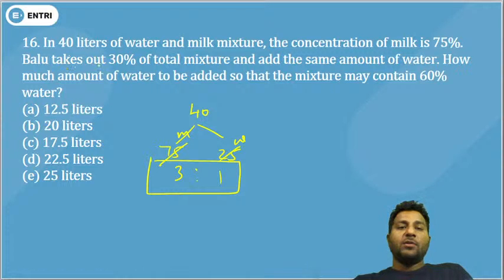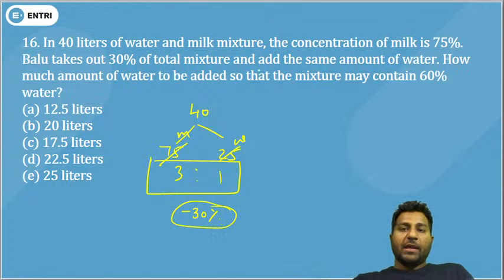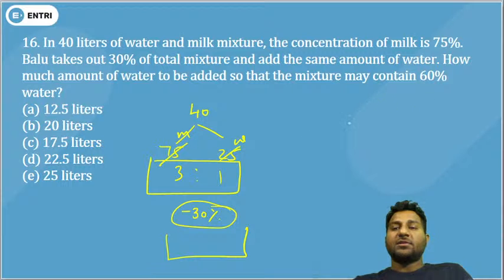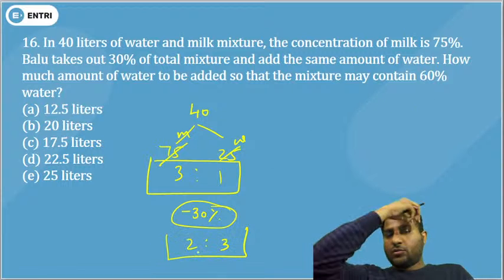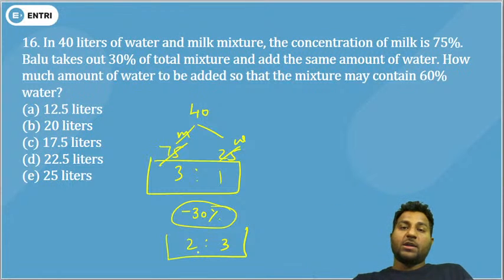Balu takes out 30% of the mixture, which means 12 liters has been taken out, and adds the same amount of water. How much water has been added to the mixture so that it contains 60% water? That means the ratio will become 2:3. If 60% is water, that means 40% will be milk.